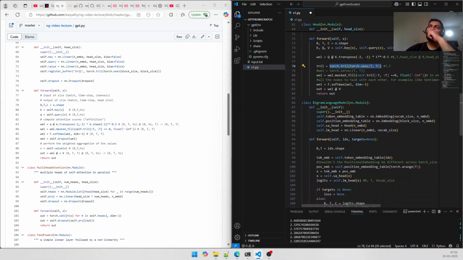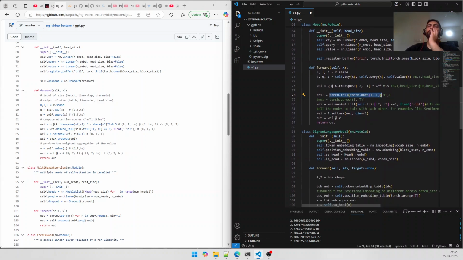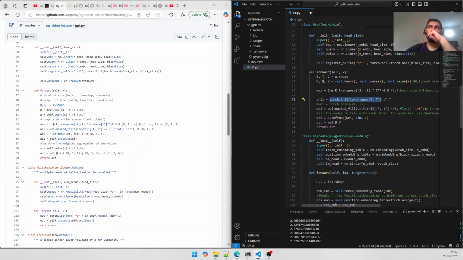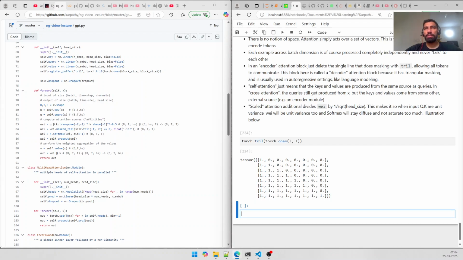So that's the forward of each head, which specifies the correlation of each element with the other elements. Each element sitting here, what is its correlation with this element, something like that.